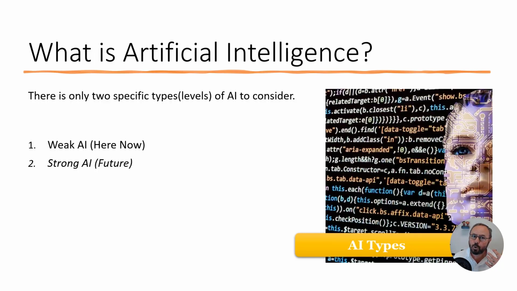Okay, when we consider AI, there's really two specific levels or types of AI to consider. There's weak AI, which is really here now. So that's going to be our ChatGPT, etc., Watson. These are just some of the examples. And then we have strong AI.